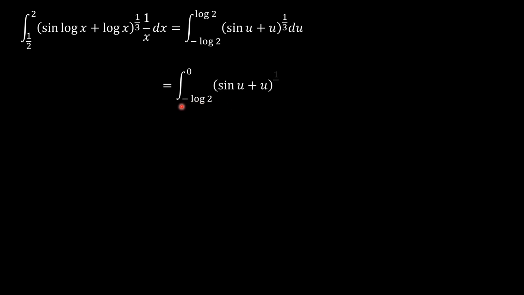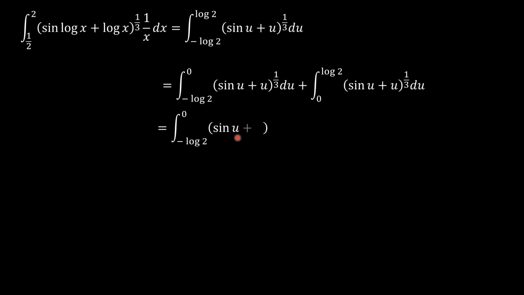So let's integrate from u equals negative log 2 to 0, and then from 0 to log 2. And let's focus on the first integral here. Let's set u to negative u.